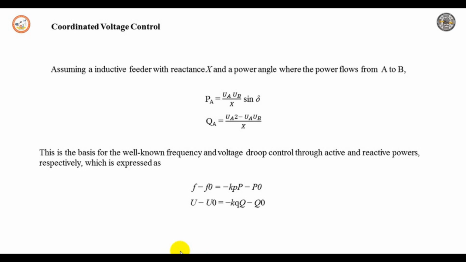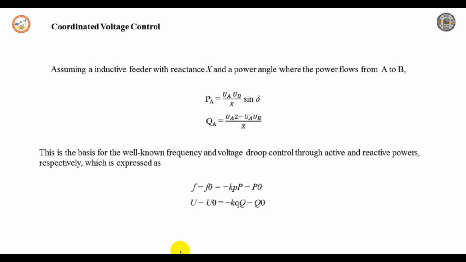Reactive power QA is given by UA squared minus UA UB, divided by X. Further assuming that UA and UB are small, it is predominant that the power angle delta is more sensitive to changes in the active power flow, while voltage amplitude is more sensitive to the change in the reactive power. Hence, by adjusting P and Q independently, the frequency and amplitude of grid voltage are determined.